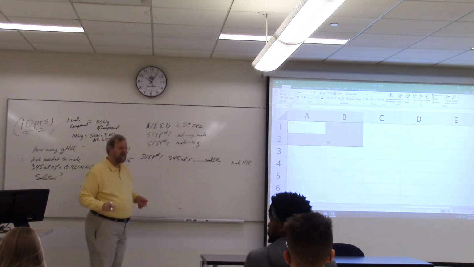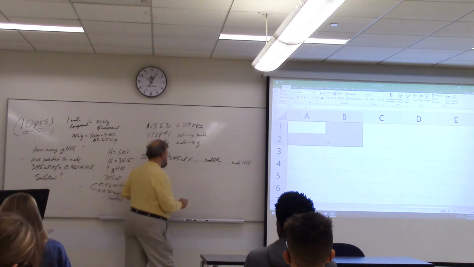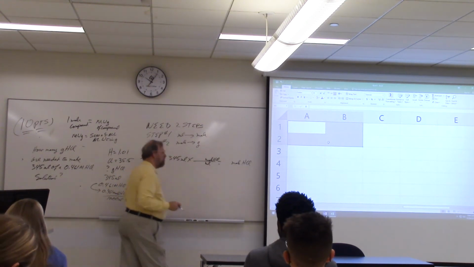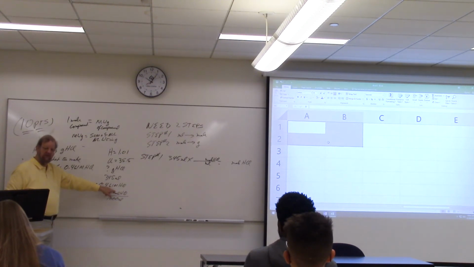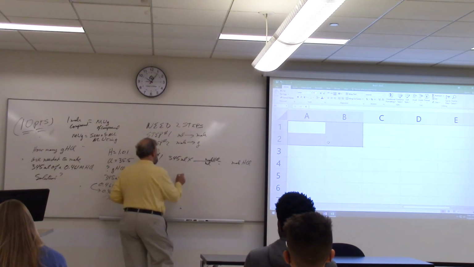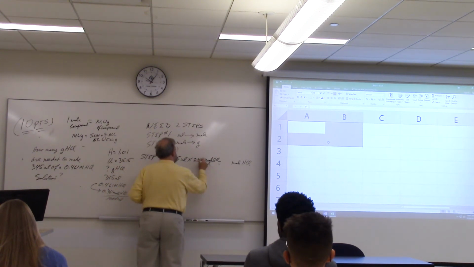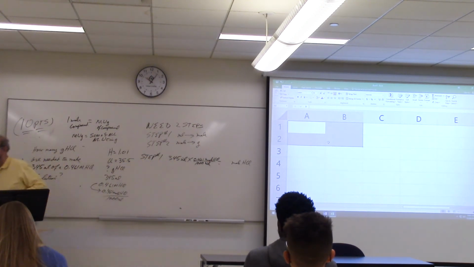Whatever I'm trying to get rid of goes underneath. And where do I get those numbers? From molarity, capital M, moles per 1,000 milliliters. So in this case, that's 0.461 per 1,000 milliliters. Milliliters cancel out, I'm left with moles.